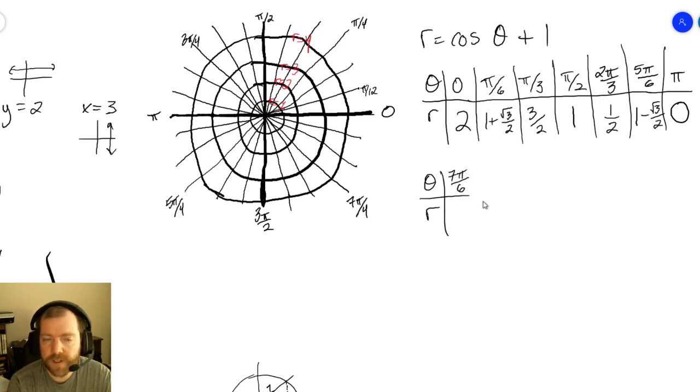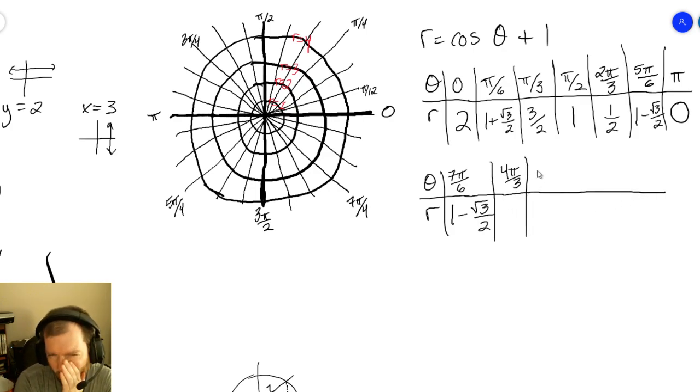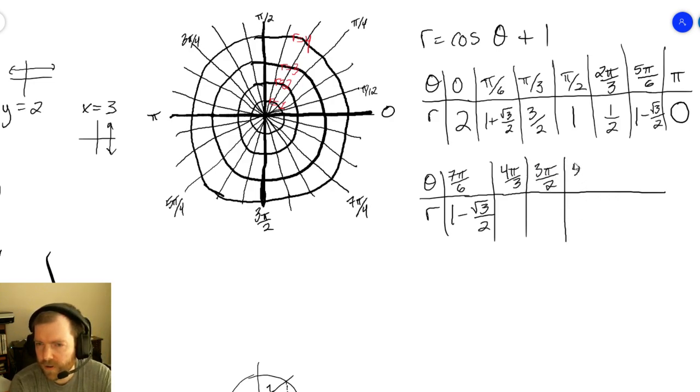All right, 7 pi over 6 is going to get us a negative root 3 over 2, and so we're going to see that this is going to just retrace, or rather use the same values as the previous one. So 7 pi over 6, 4 pi over 3, 3 pi over 2, 5 pi over 3, 11 pi over 6, 2 pi.